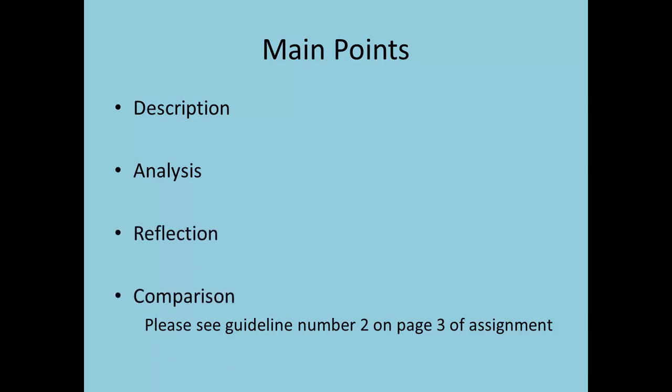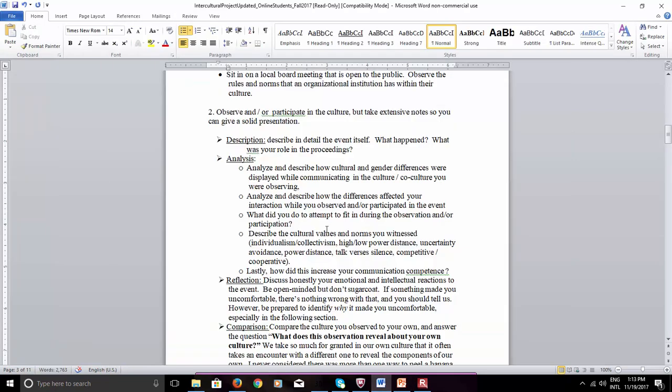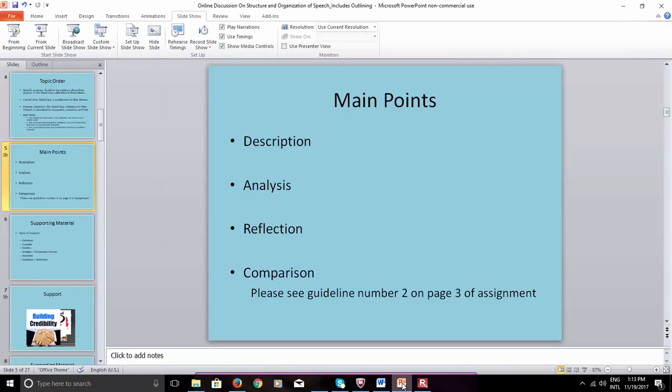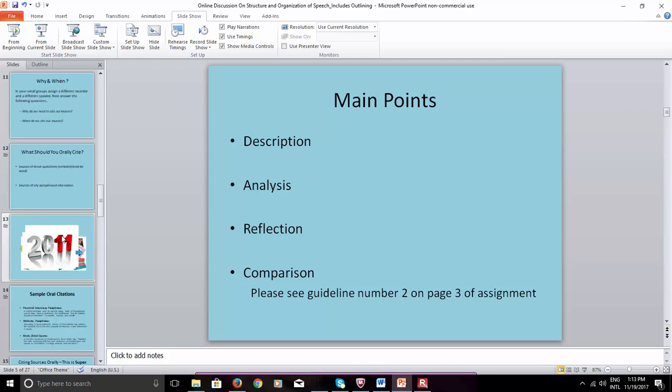Those are the main points in the body of your presentation. And for complete detail for those guidelines, see number 2, page 3 on the assignment located right here. These are the elements that consist of the body of your speech.